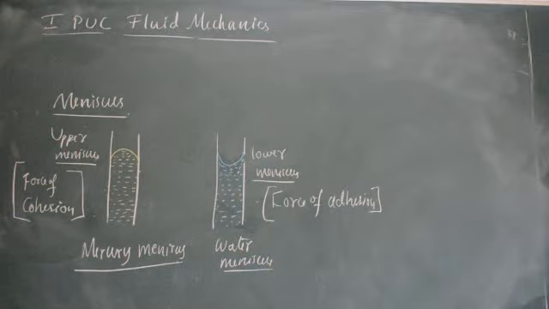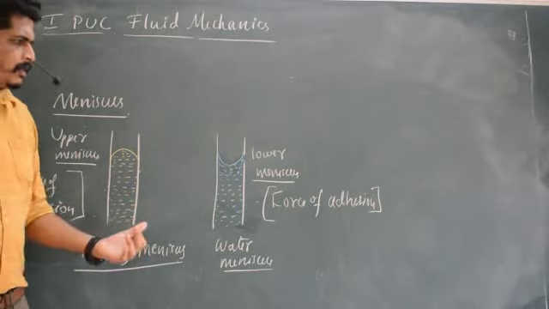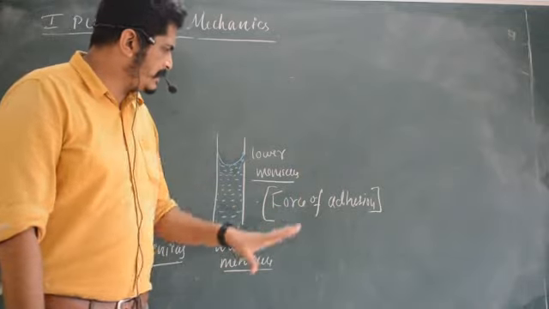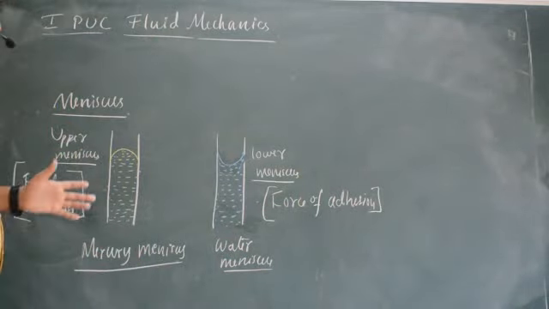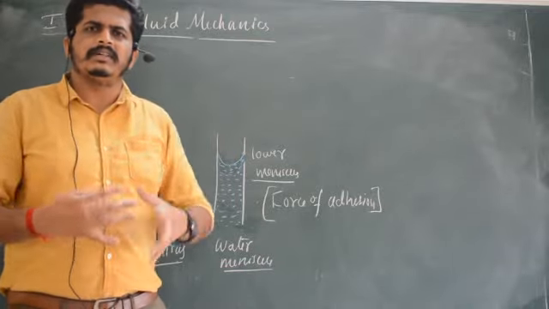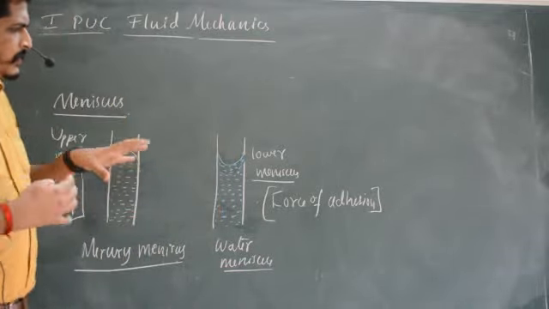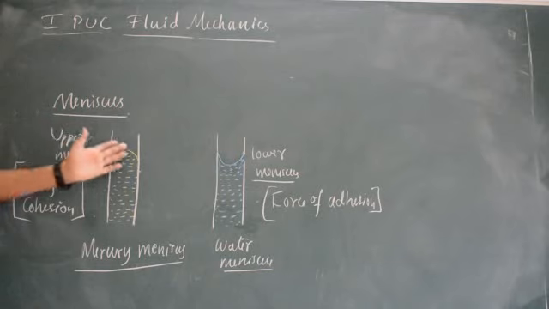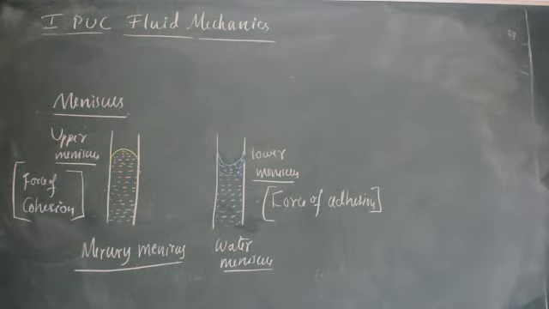Because it's very important. These are general knowledge things which you have to remember, where usually some students neglect this, and many complicated kinds of questions come in competitive national level examinations. So if you know each and every nook and corner of these topics, it will help you a lot, okay? So this is all about meniscus, upper meniscus and lower meniscus, and the reason and concept behind it. Hope this is clear for you people.